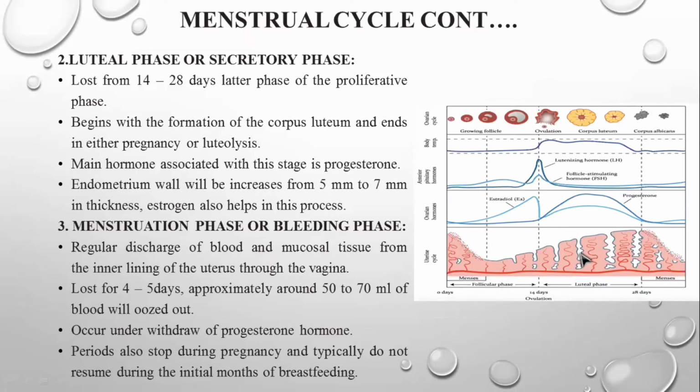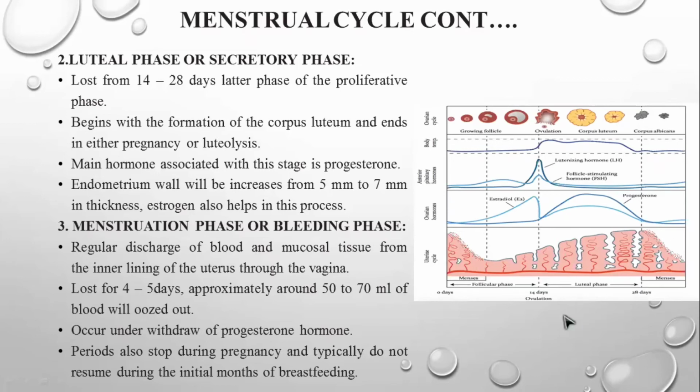This endometrium will get peeled off, and due to that, these blood vessels will rupture and an enormous amount of blood will be shed in the uterus, and along with the blood, some of the mucosal or endometrial tissue comes out as bleeding, or menses.